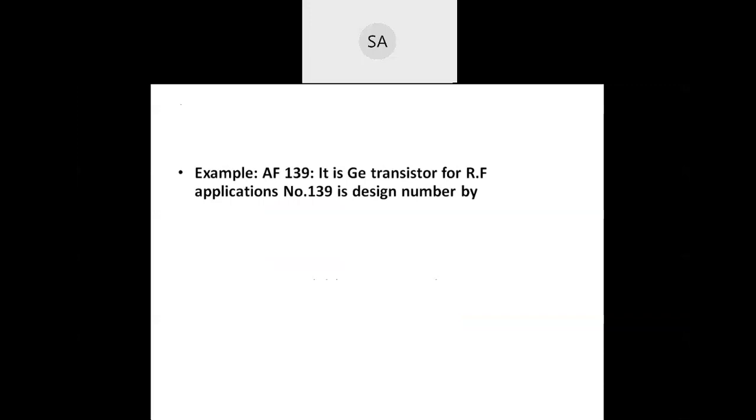The number 139 is the design number, like 127 for a silicon rectifying diode.